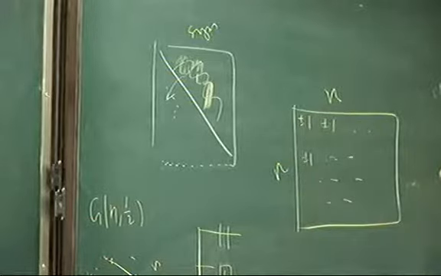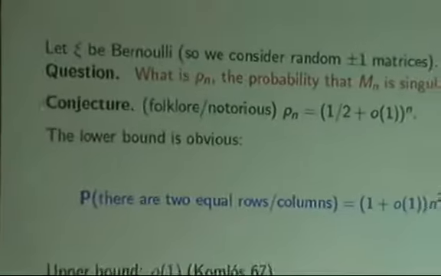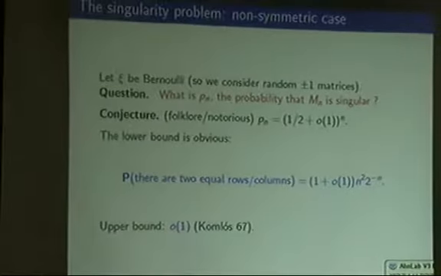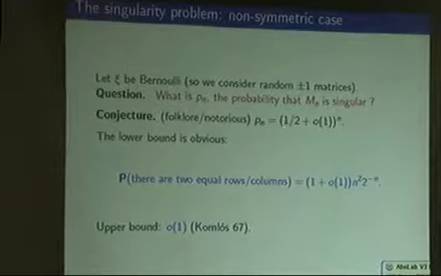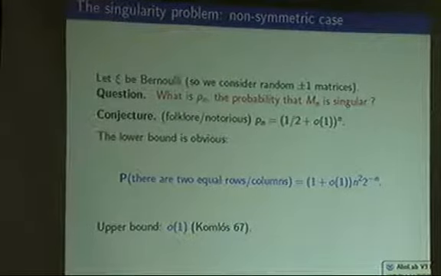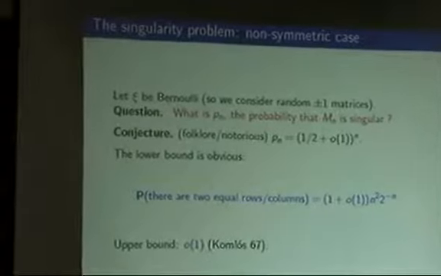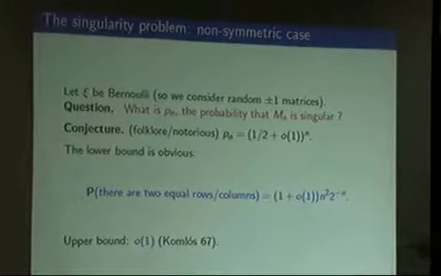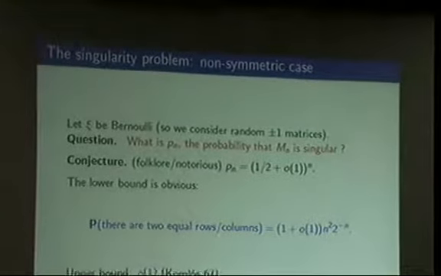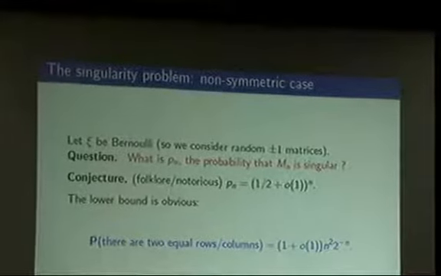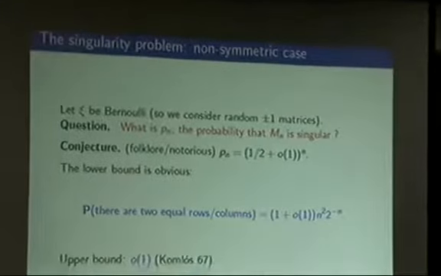Okay, so the question is, what is Pn? There is a very famous conjecture, and notoriously hard, namely it asserts that Pn is roughly (1/2)^n. And you can see why the half comes very easily, because if the matrix has two equal rows, say the first row and the second row of the matrix are the same, then of course the matrix is singular.